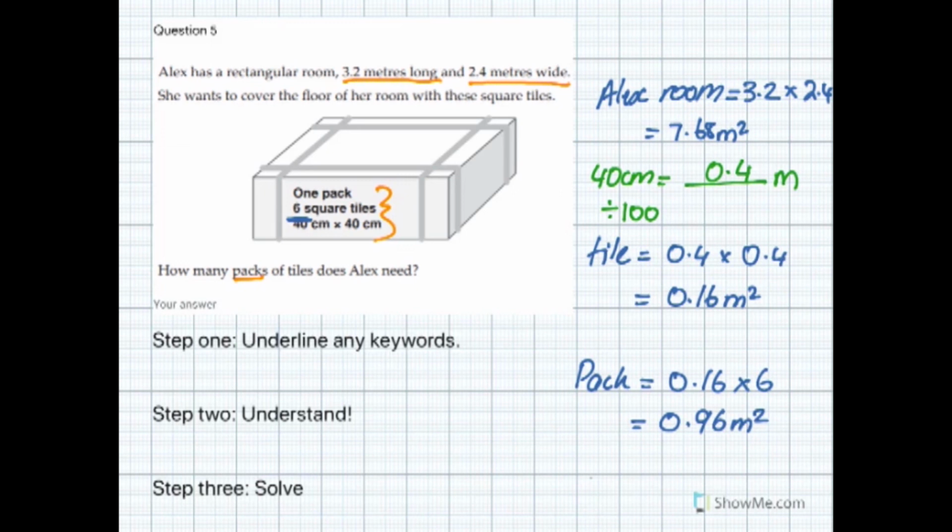The final step is to work out the number of packs that we need. To do that, we take the area of Alex's room, which is 7.68 meters squared, and we divide it by the area of 1 pack, which is 0.96 meters squared, and we get the answer 8. Therefore, we need 8 packs to tile Alex's room.